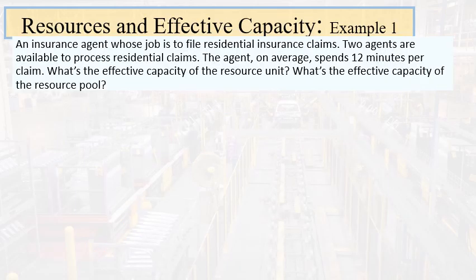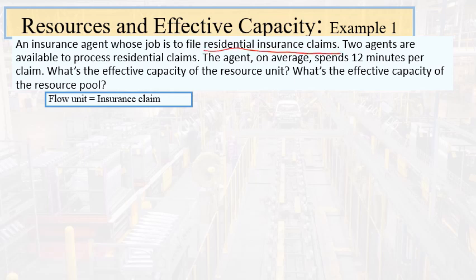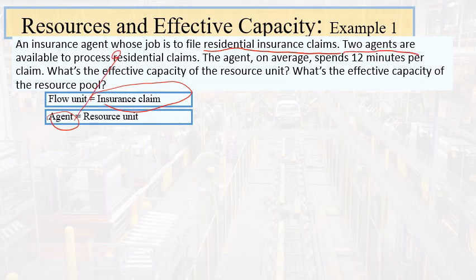So let's see this example. This is a residential insurance claim question. Here the flow units are insurance claims, and the resource units are basically these agents that are processing the claims. Two agents are available for the process, so the resource pool has two.